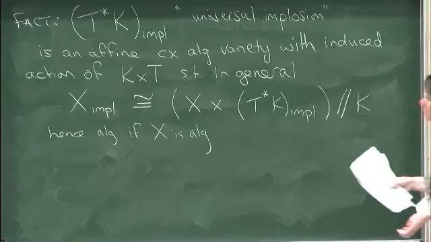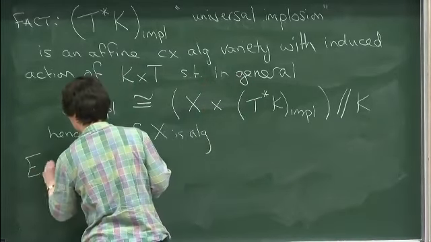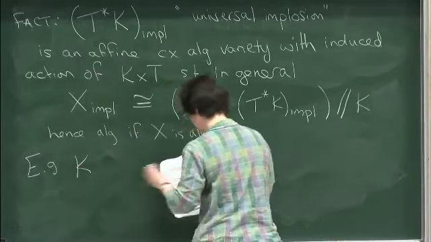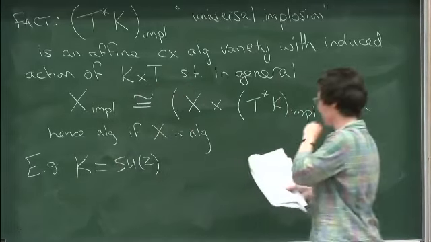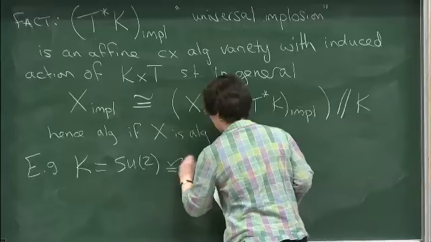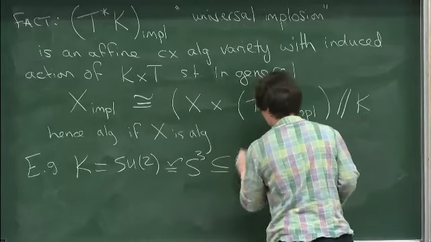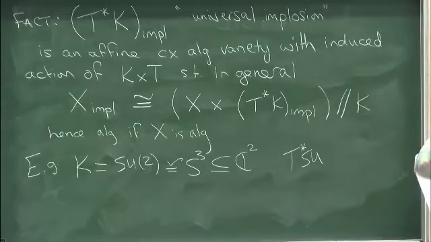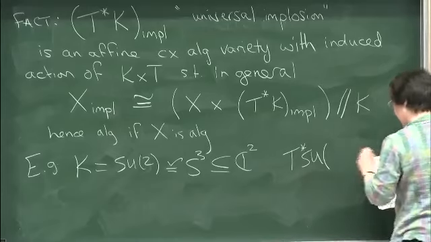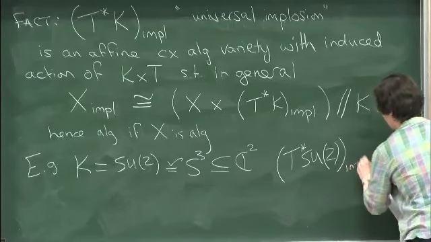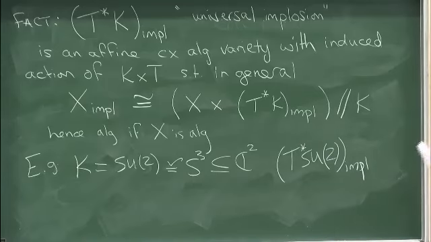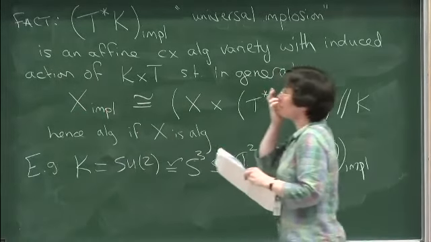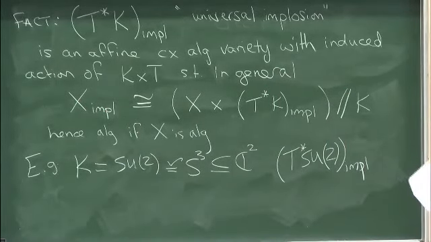Okay, so if we look at the simplest example, if K is SU2, which we can identify with S3 sitting inside C2, I guess, then if we look at the universal implosion in this situation, well, for SU2, the imploded cross-section was mu inverse of 0 over SU2 together with mu inverse of the positive Weyl chamber.